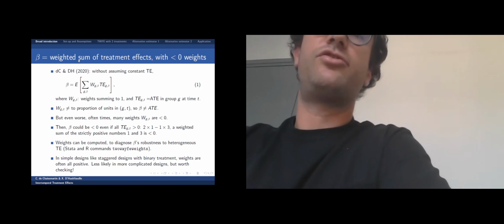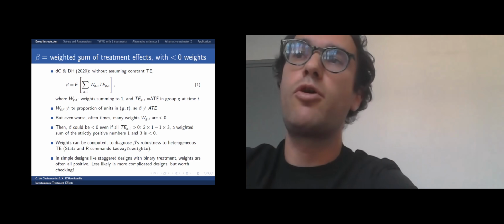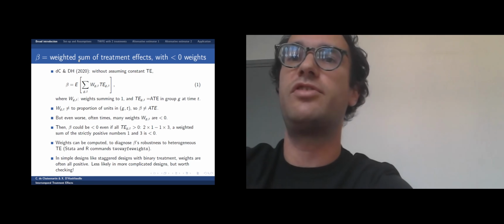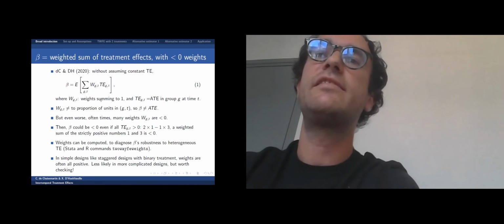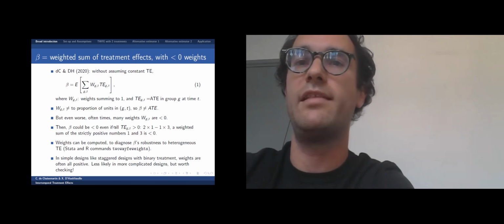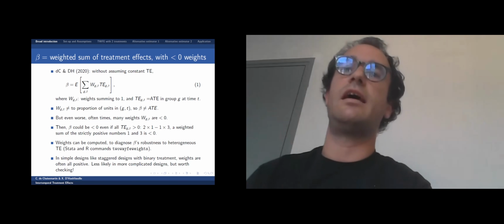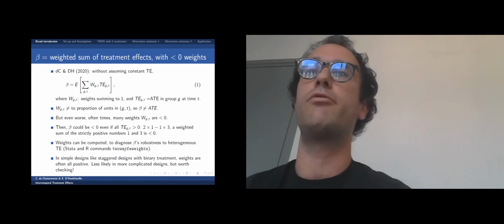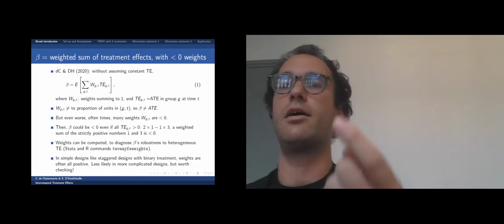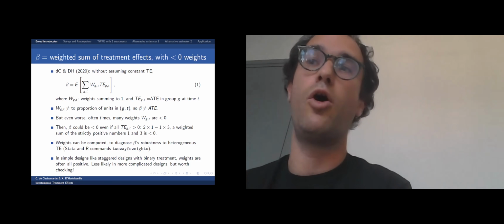The weights attached to any two-way fixed effects regression can be computed, and we recommend computing those weights to diagnose beta's robustness to heterogeneous treatment effects. And we actually have Stata and R commands that compute the weights for you that are called twowayfeweights. And in practice, it turns out that in simple designs, like staggered designs with a binary treatment, so staggered means that the treatment can only switch in but cannot switch out, in this type of simple design, the weights are often all positive.